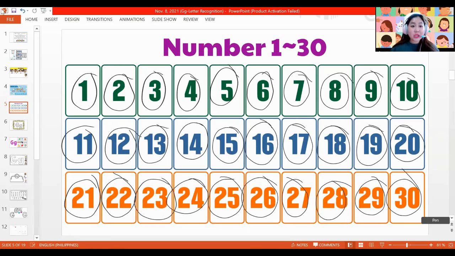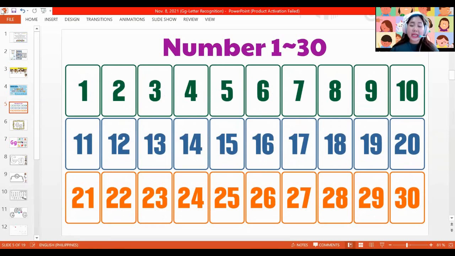Did you count with teacher? Great job. We will now be practicing counting from 1 to 30 every time we have class.